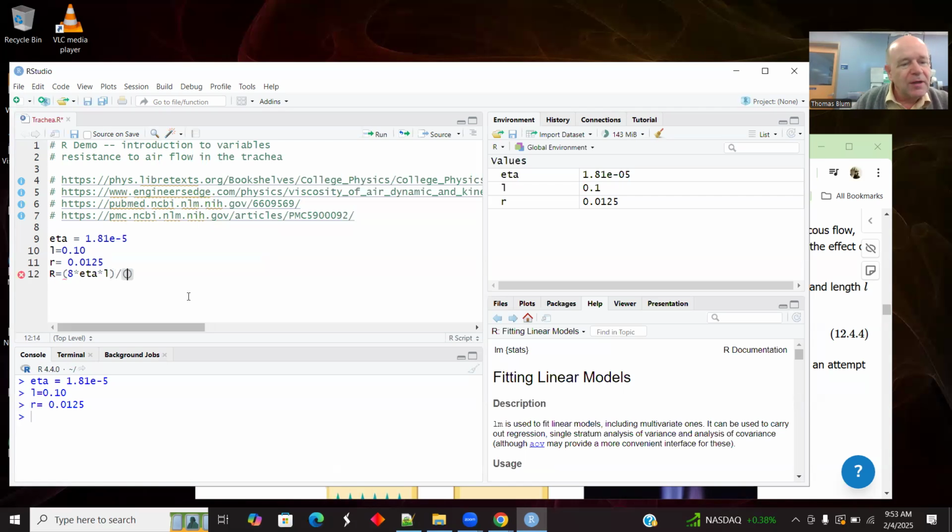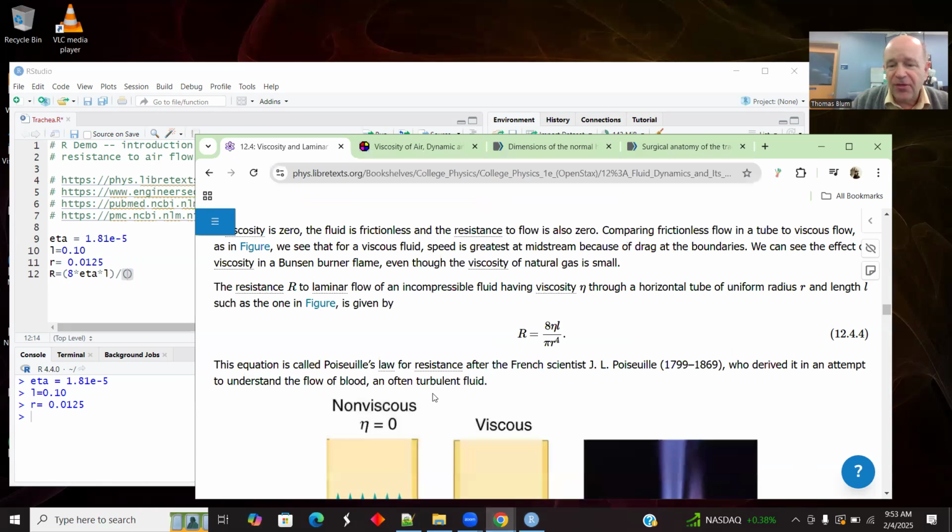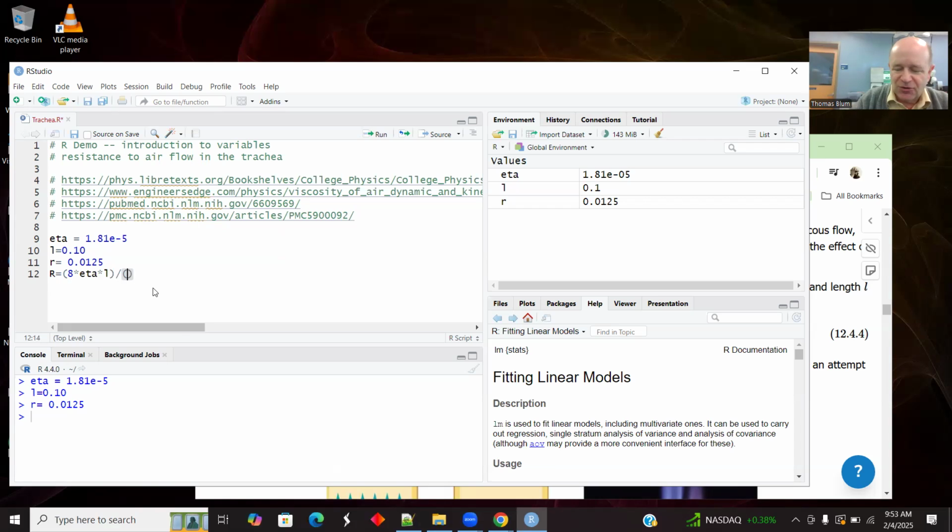So there is my numerator, 8 eta L, and my denominator was pi r to the fourth. 8 is of course understood in R. Pi is understood as pi, 3.14, and all multiplications are explicit, so I have to put those in. And then I have my radius, raised to the fourth power.